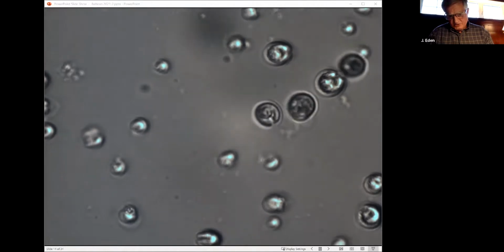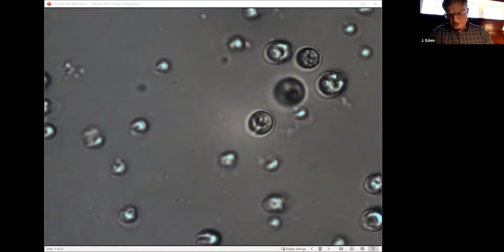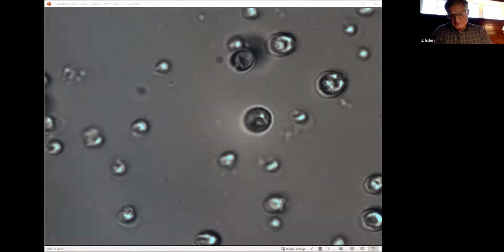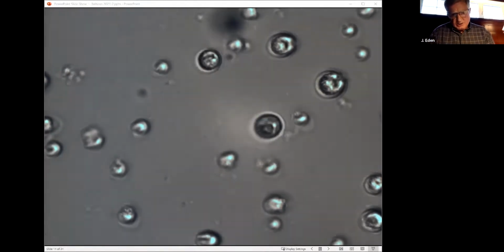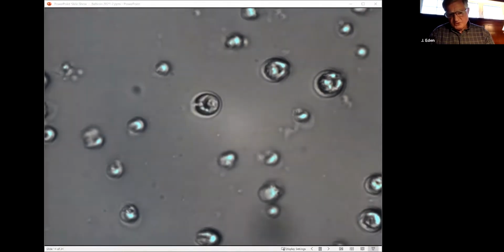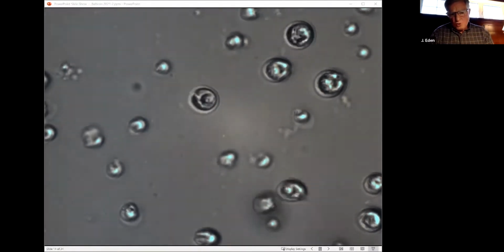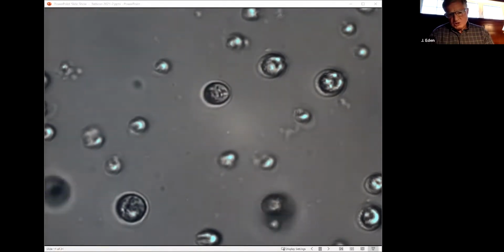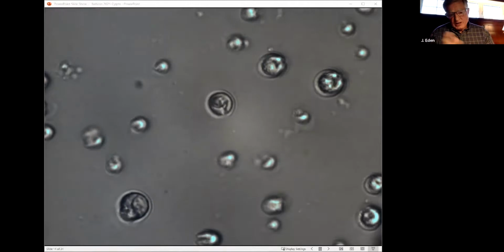And all we did was we recorded an image with every pulse of the laser, and then we just stitched them together. So you're watching the cells. Some are not moving because they're attached to the walls of the optical cell, in which the clammy, these are clammy cells again.